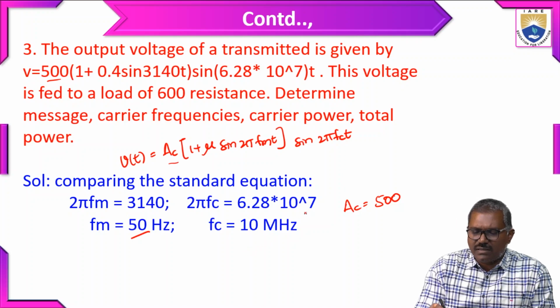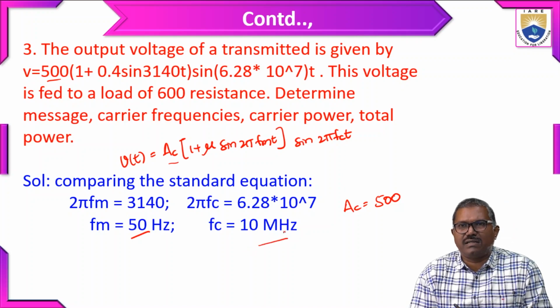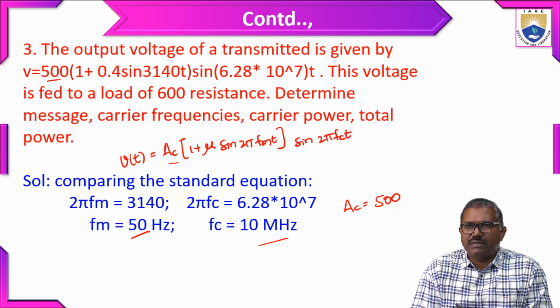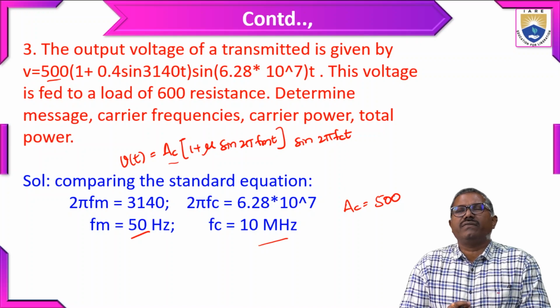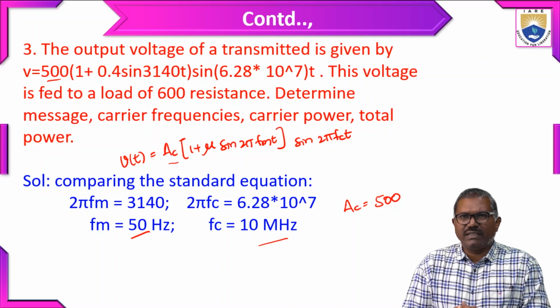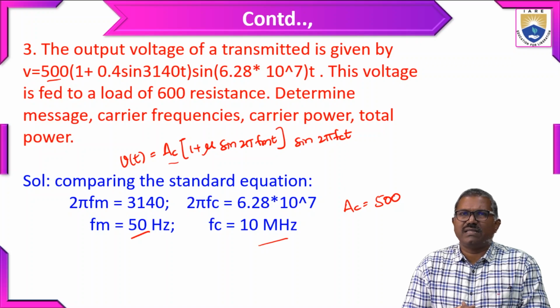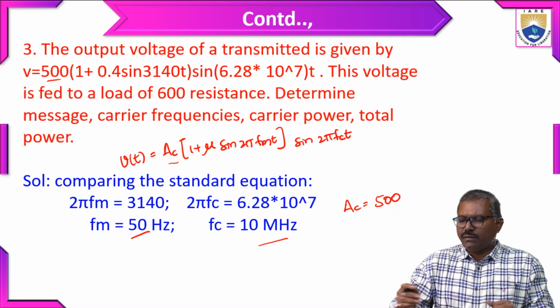And finally fc is 10 megahertz. Okay, so here I am just comparing the given equation with the standard equation. Then I am getting the message frequency and carrier frequency, and at the same time the carrier voltage Ac.